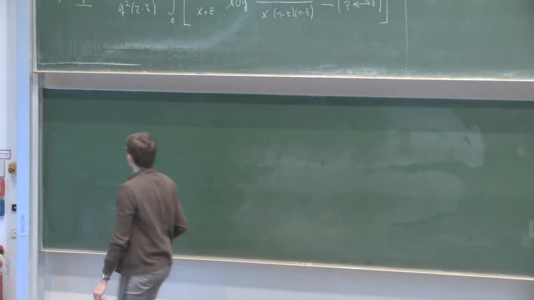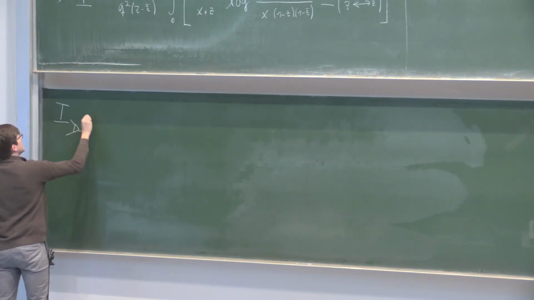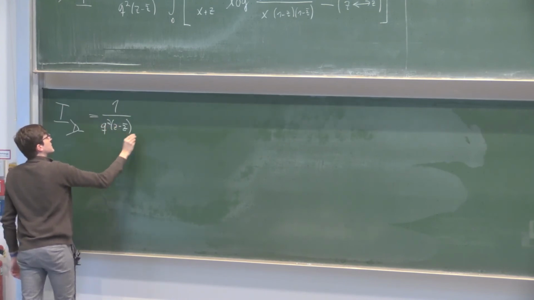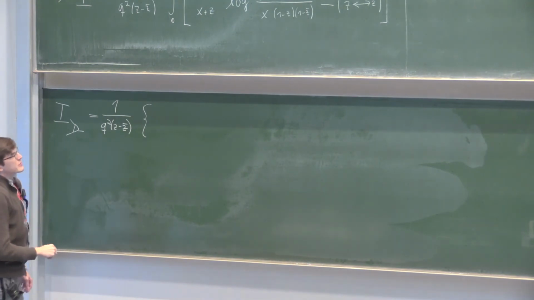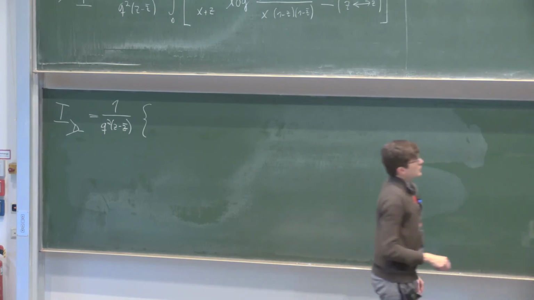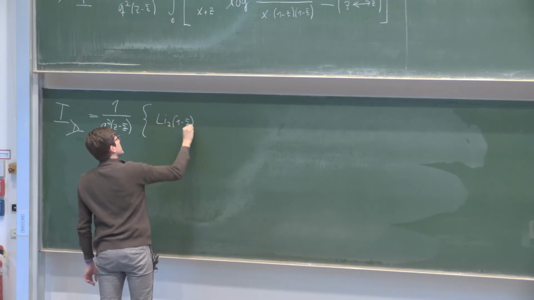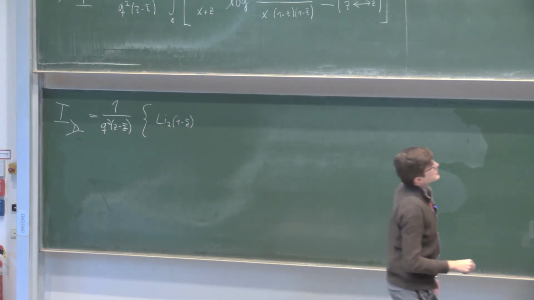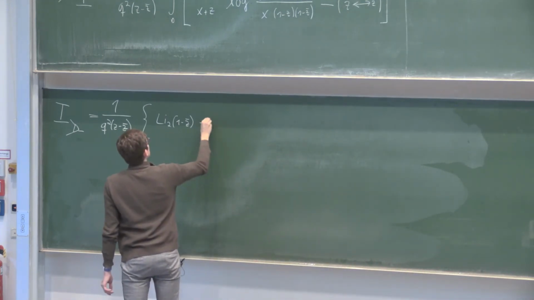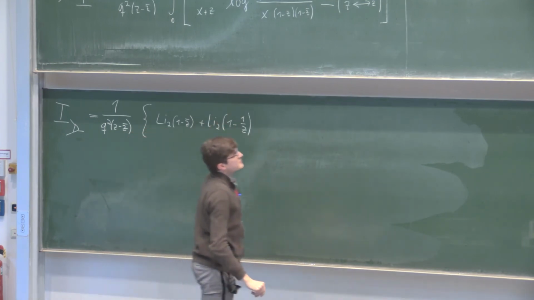So the conclusion is that our triangle integral is 1 over q squared times z minus z bar. So what do we get when we evaluate at 0? Well, the first just becomes Li2 of 1 minus z bar, right? The second becomes Li2 of 1 minus 1 over z, I think.